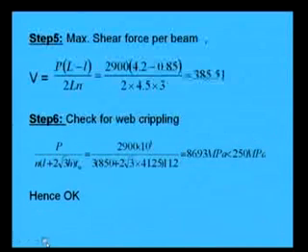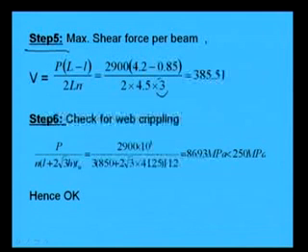So, next we will go to step 5, where the beam has to be checked for the shear, right. Now, maximum shear force, as per the equation, we know the shear force can be found out from this formula, P by 2 into L minus L by L into N, right. 3 number of beams are there.